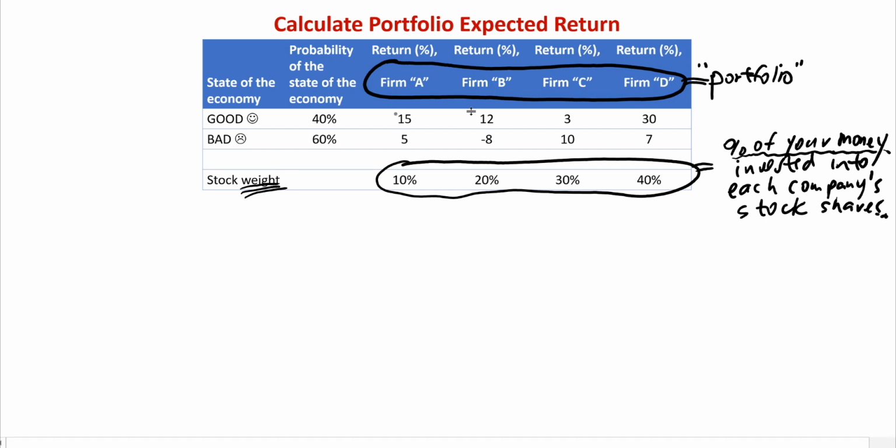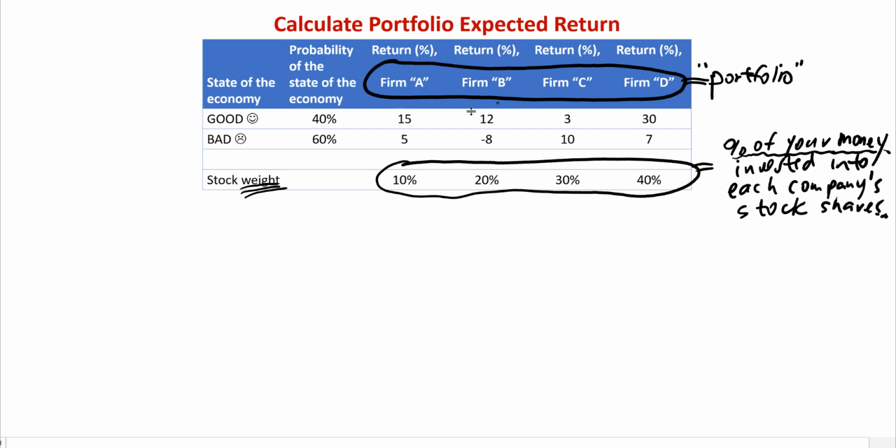if you buy just shares of stock of firm A, you get an increase of your money by 15% if it's a so-called good year. Otherwise, if it's not a good year but a bad year for the company, in which case the company cannot pay you as high dividends and so on, the return on your money will be only 5%.